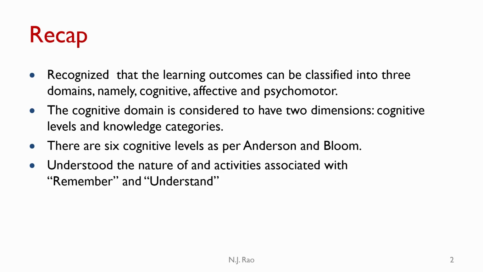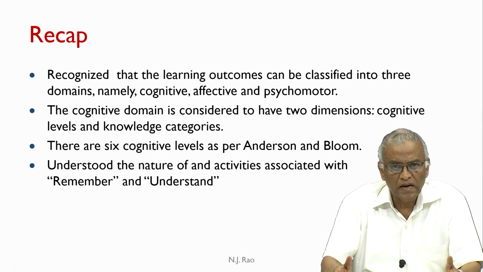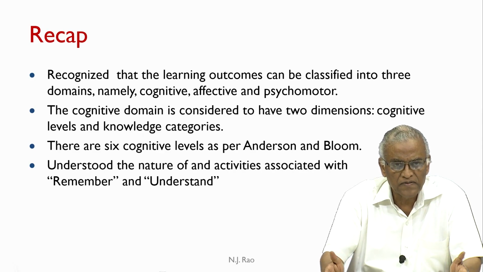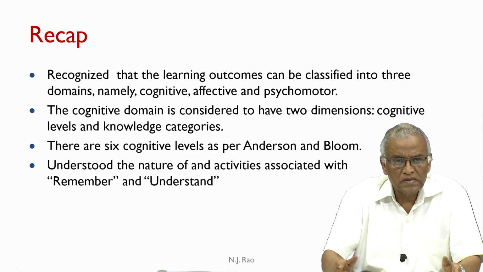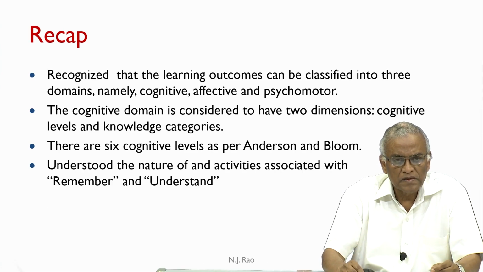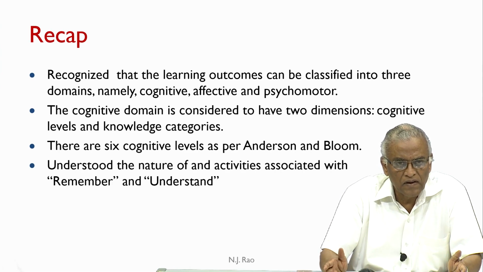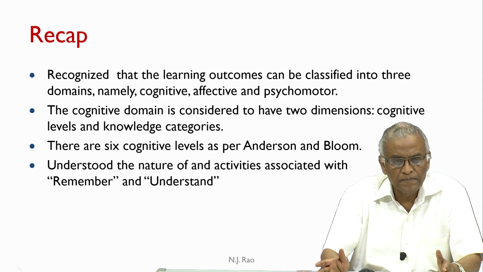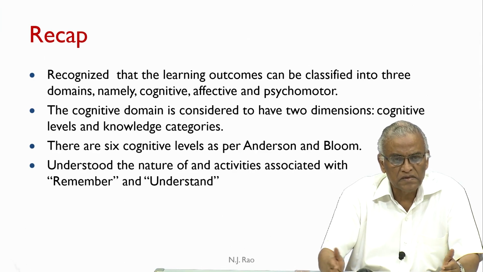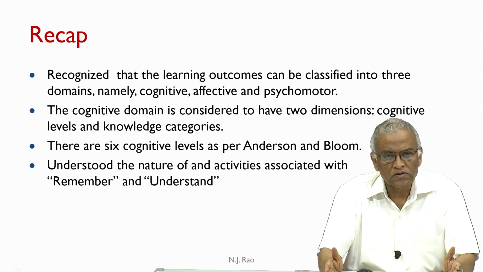There are 6 cognitive levels as per Anderson-Bloom. We made a list of them, and out of the 6 we considered the first 2 cognitive levels, namely remember and understand, and we looked at the nature and the kind of activities that are associated with these 2 cognitive levels.